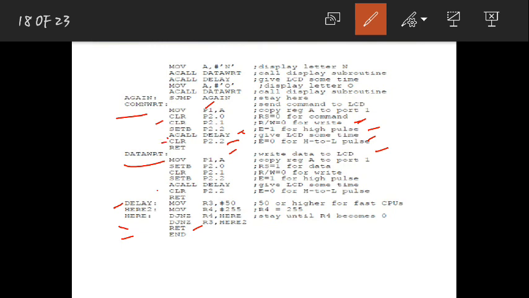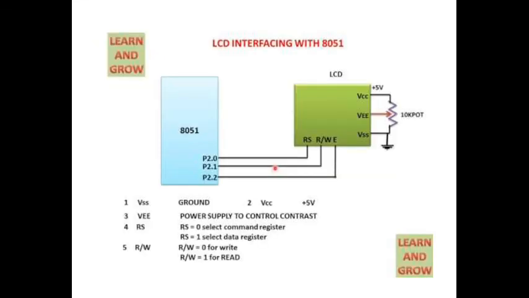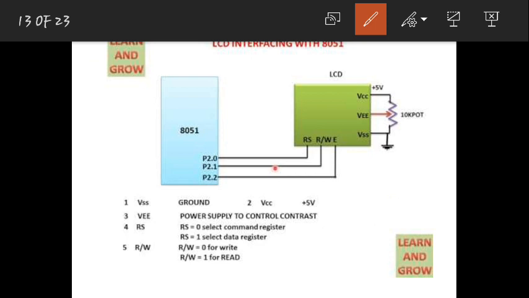Now coming to data, see, first you have written N into the A accumulator. After writing that, again I should follow a few steps, same as this, all the steps should be followed, but here instead of command I should send data to RS. That means RS should be equal to 1. Here I am writing data, I am not reading, right?